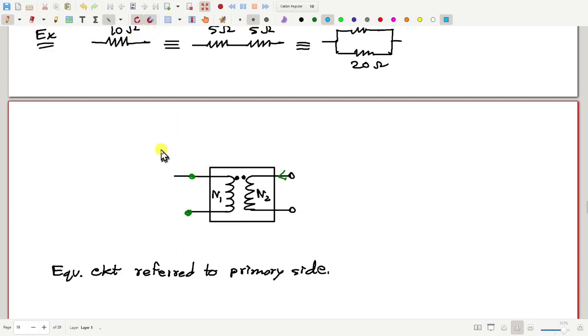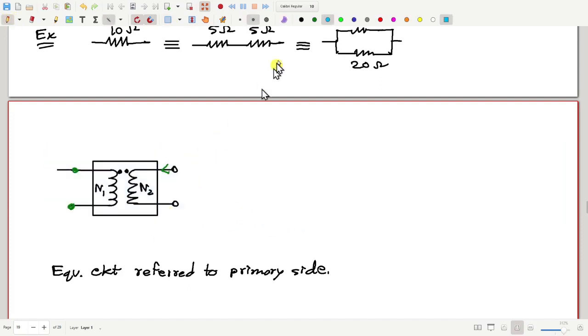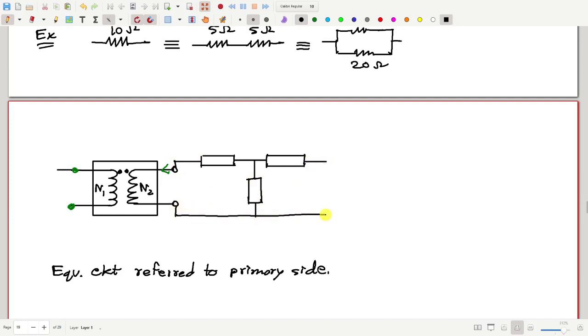We will have one transformer and we will take some impedances connected on the secondary side. In this way, three impedances connected like a T, or this is also called the star.